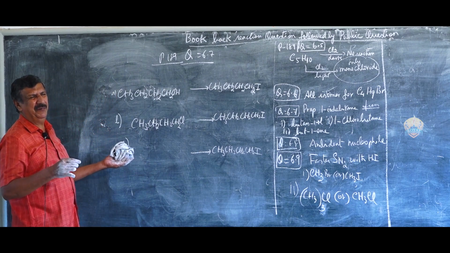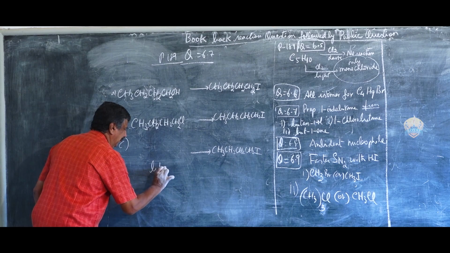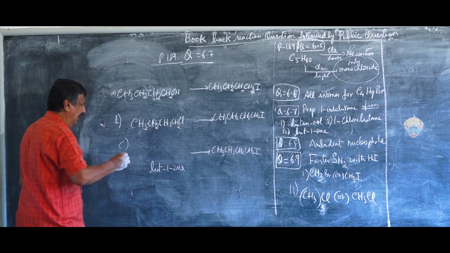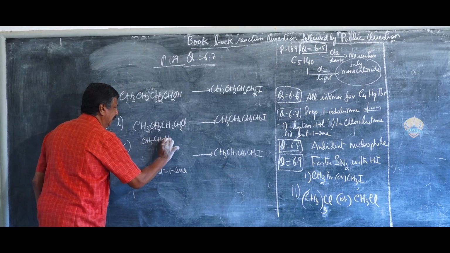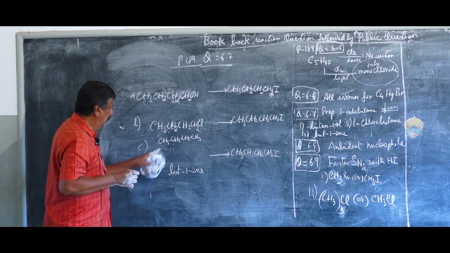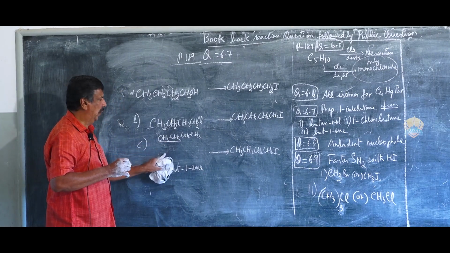Somebody may feel difficulty to write but-1-ene. You see, if you feel difficult in writing, you first think about butane. You all know the formula of butane. Remove 2H. Remove 2H between 1 and 2.